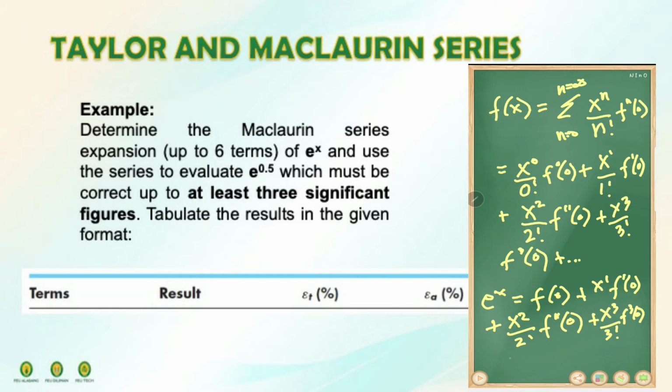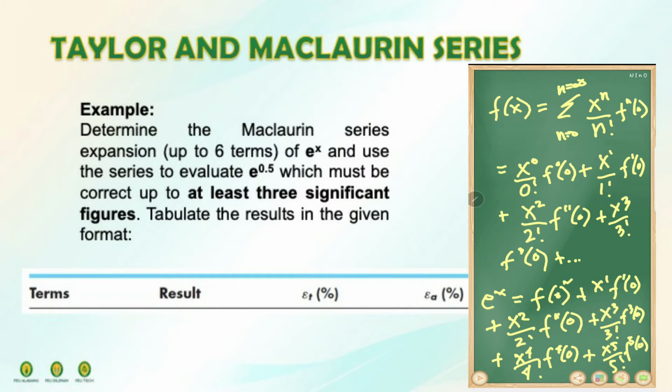Since this is up to 6 terms, we have 1, 2, 3, 4, plus x raised to the 4th power over 4 factorial f4 of 0, plus finally x raised to the 5th power over 5 factorial f5 of 0.